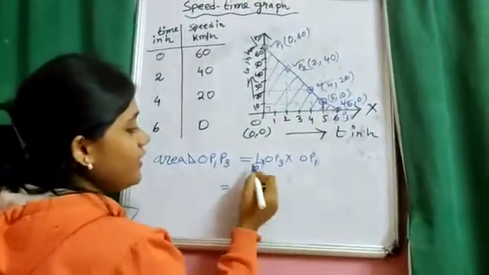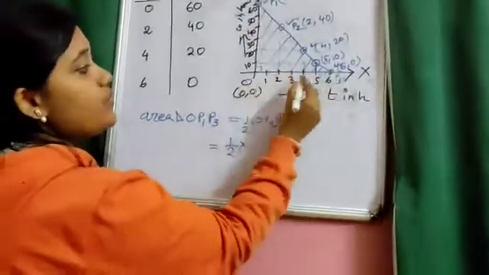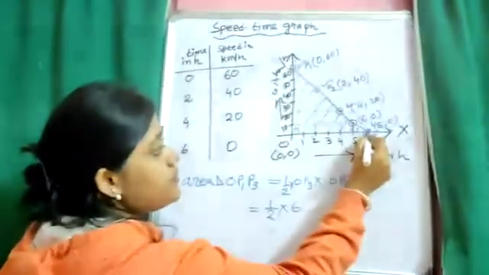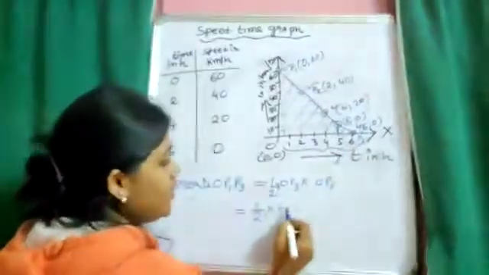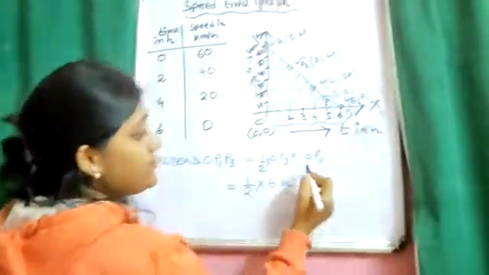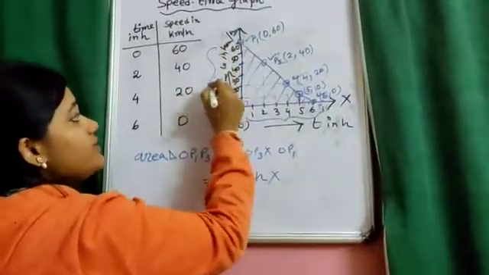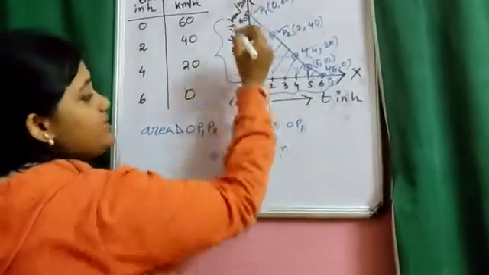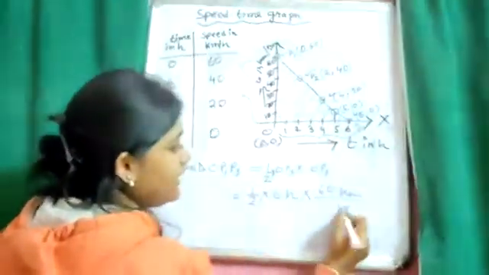Okay. Now let us put the value. Half into OP3, which is 6. Now see here, this portion to this portion. This is how much? 6 hours. And OP1, this is how much? 60 kilometer per hour.